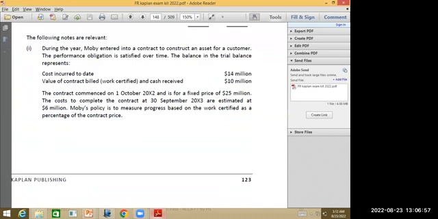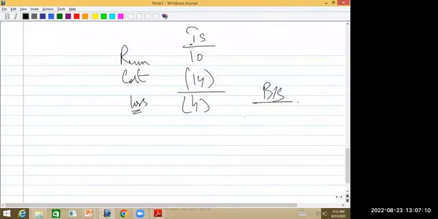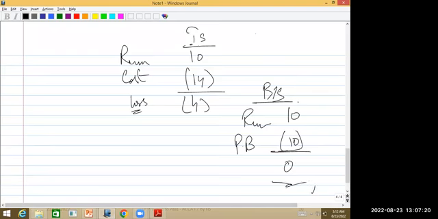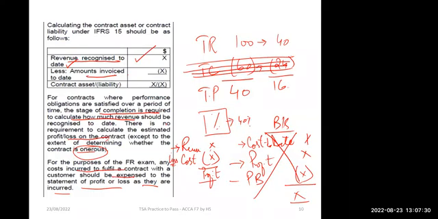So on the face of the balance sheet, the revenue recognized till date is 10 and progress billing is 10. Is it clear now?